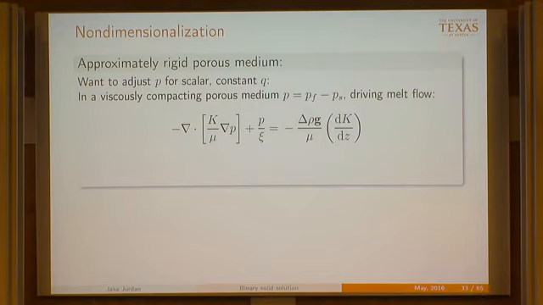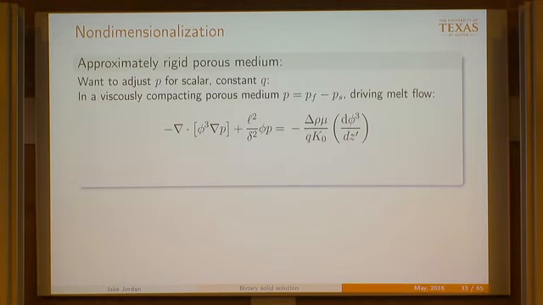And so we want to adjust pressure to go away from the classical McKenzie type viscously compacting porous medium model to something that's just simple Darcy without a moving solid phase. And we do that by scaling with the length of the heterogeneity against the compaction length.